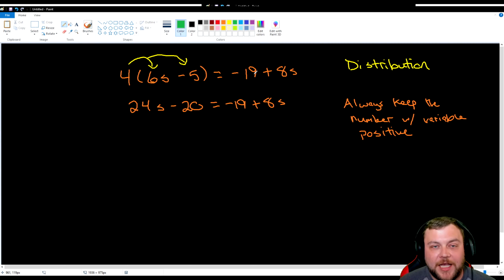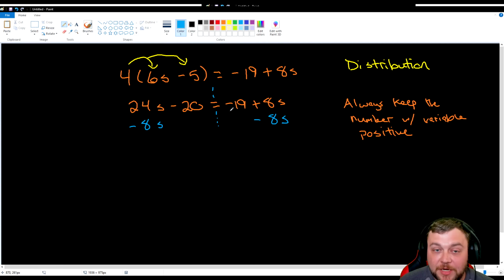Okay? And how do we undo a plus 8s? Well, we subtract 8s. So let's do a different color. We're going to minus 8s from this side, and we're going to minus 8s from this side. Okay. What we end up with, so think kind of like we still held on to our idea earlier of the mirror, right?